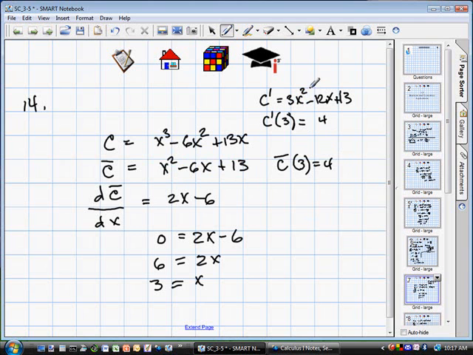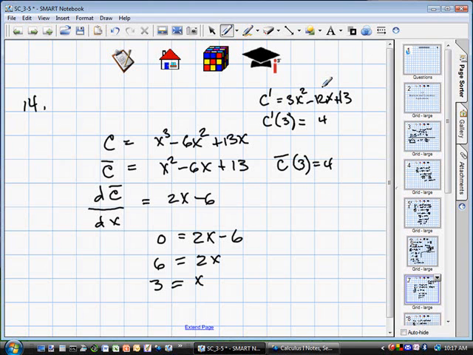Let's check, make sure I did that right. 9 times 3 is 27. 27 minus 36 is negative 9, and negative 9 plus 13 is 4. And do you see how I've shown that C bar at that ideal number of 3 is exactly the same as C prime at 3? Problem complete.